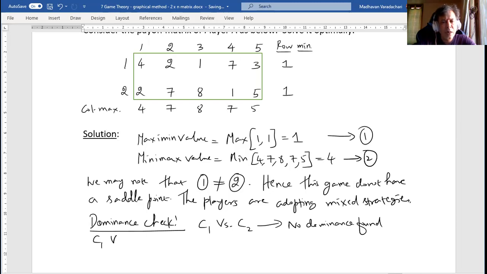Then column 1 versus column 3. 4 is larger than 1, but 2 is lesser than 8. Again, no dominance found. Then column 1 versus column 4. 4 is lesser than 7. 2 is greater than 1. Again, no dominance found.